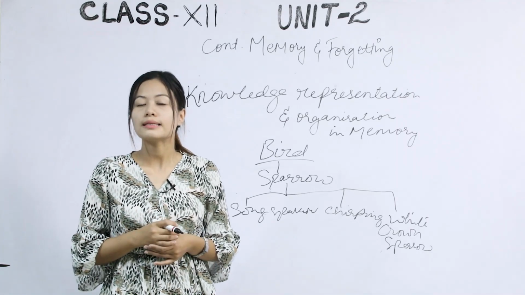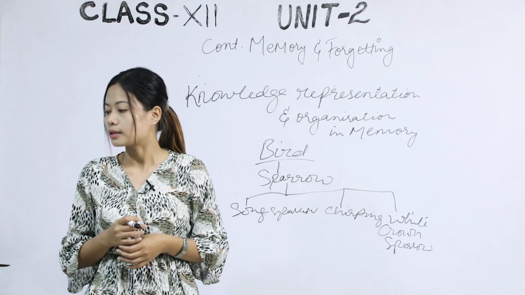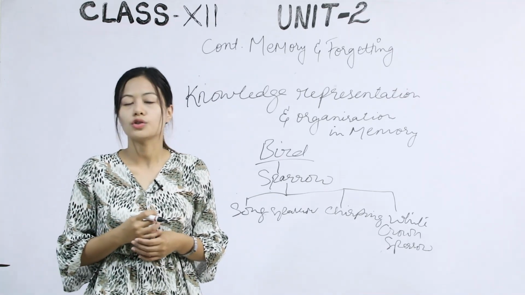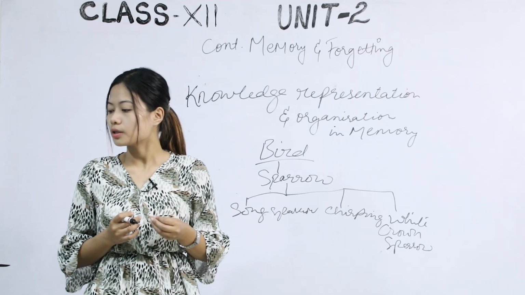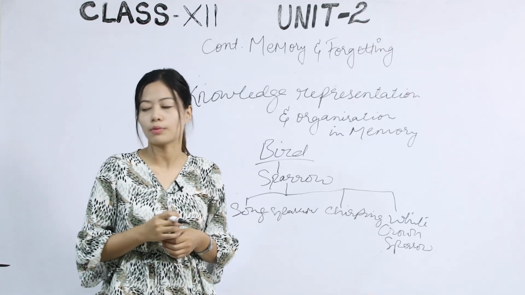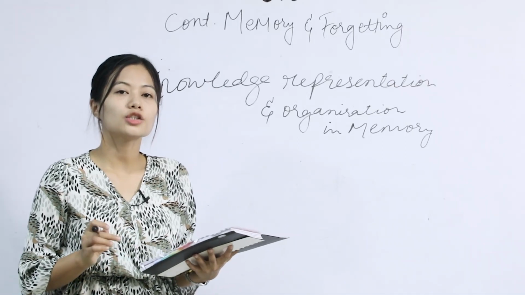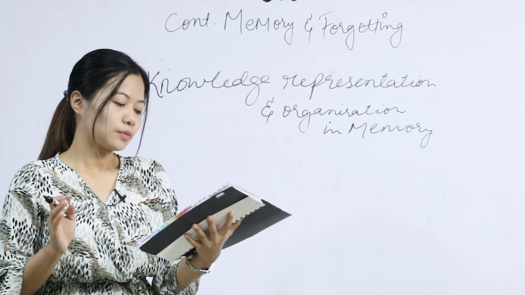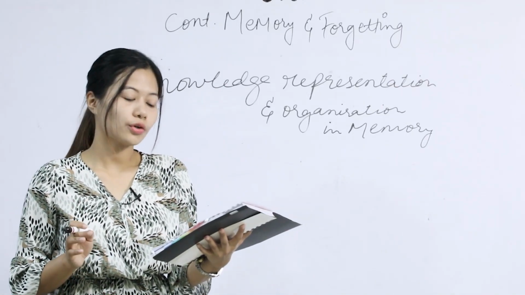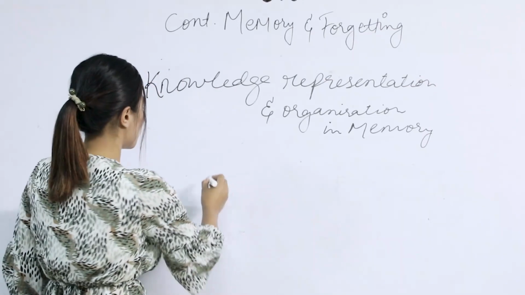In the year 1969, Allan Collins and Quillian first introduced a theory called the Hierarchical Network Model of Semantic Memory.